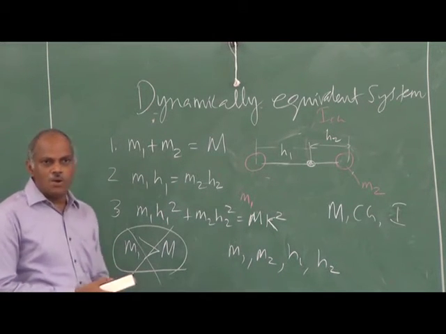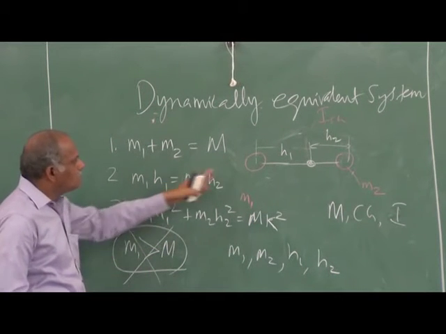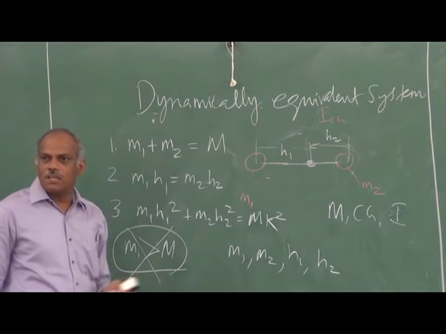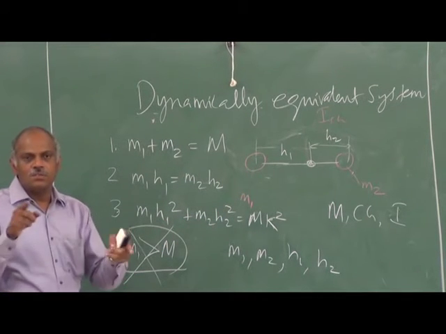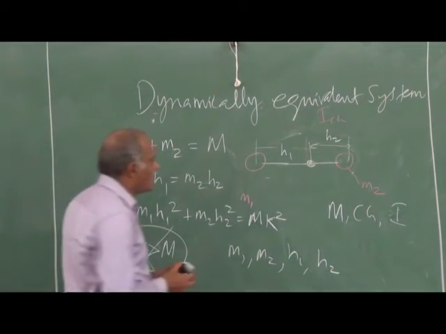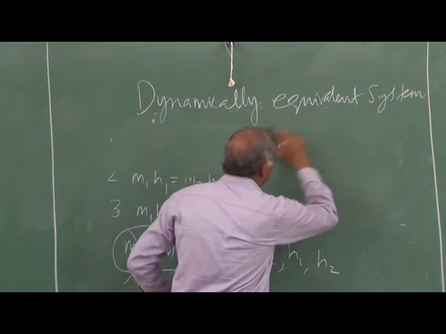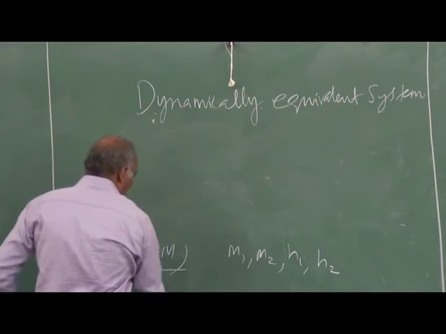Then we talked about the concept of center of percussion and the center of oscillation. They are two pair points. So if I have a rigid body, we discussed about this one. Now about center of percussion.